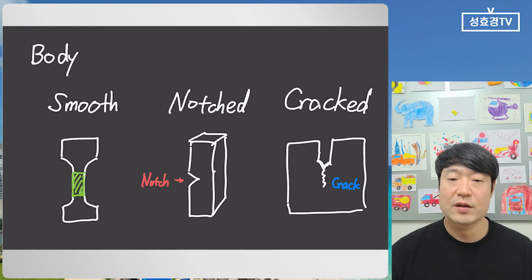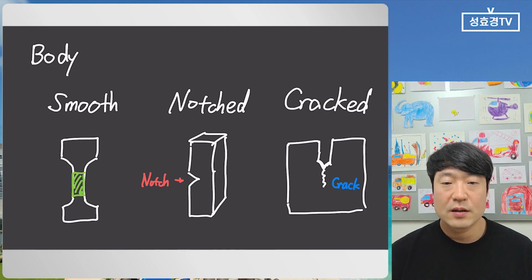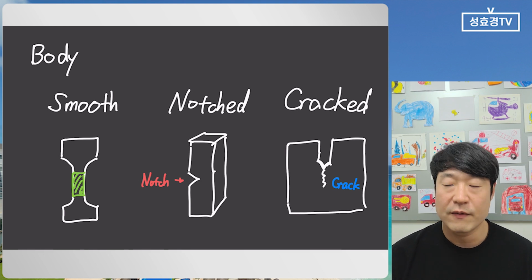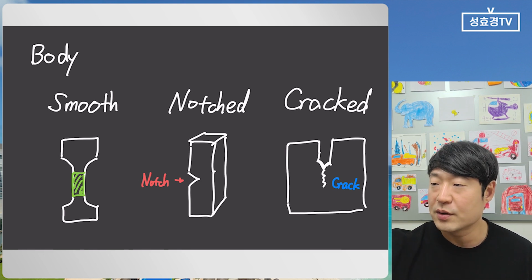If the crack is made, then the fracture toughness originally starts from the very thin size of the crack. So if we want to understand the fracture toughness, then the cracked body should be made, and the fabrication of the cracked body is very important.